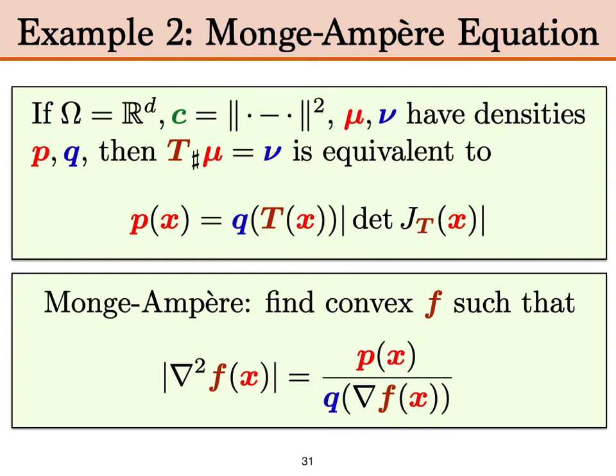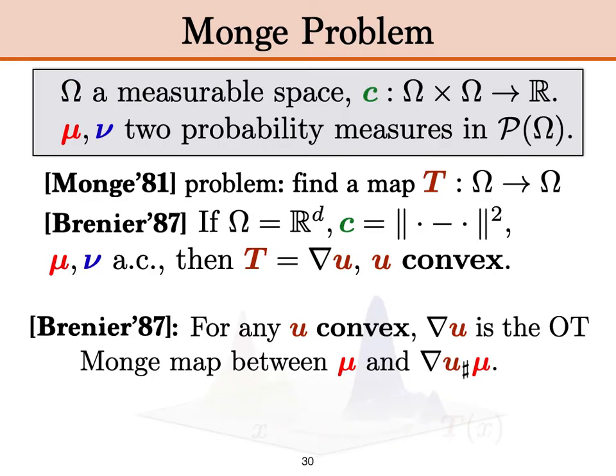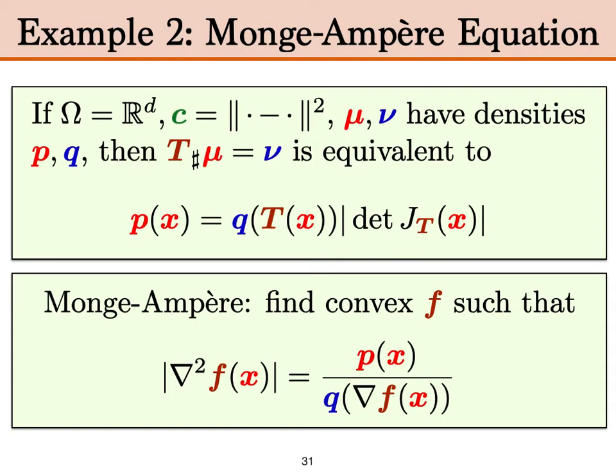Now, if you fit the fact that T must be the gradient of a convex function if T is optimal, this means that for an optimal transport map to be optimal, so let's say that the gradient of u here, I'm calling my convex function f, well, it's the same thing as finding a convex function f such that the formula above is obeyed.